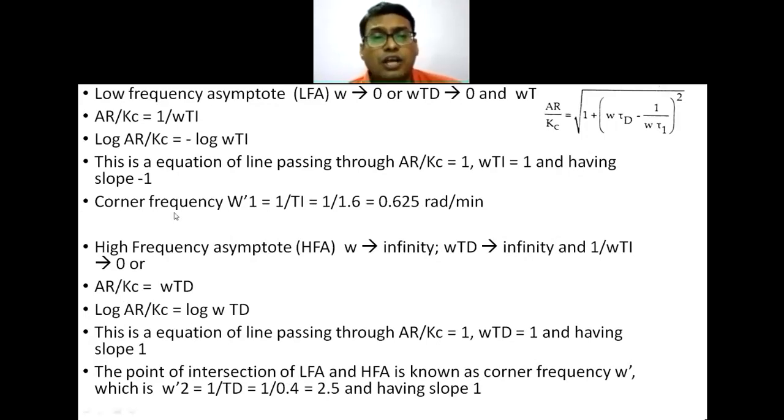The corner frequencies are of most importance in this case. So corner frequency is nothing but the point of intersection of the low frequency asymptote and the high frequency asymptote.